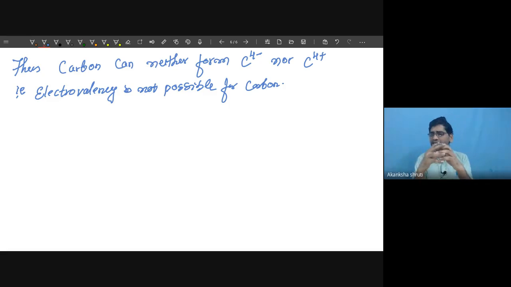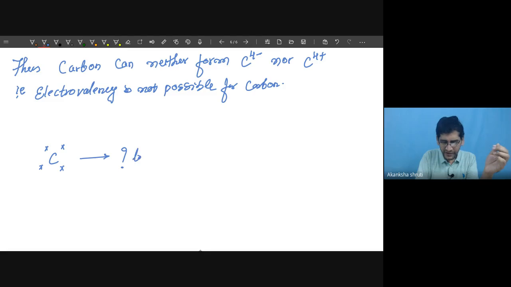Then the question arises, if this carbon which contains 4 electrons in its outermost orbit needs 8 electrons to become stable, and neither can it gain nor can it lose, then how can this carbon complete its octet configuration?